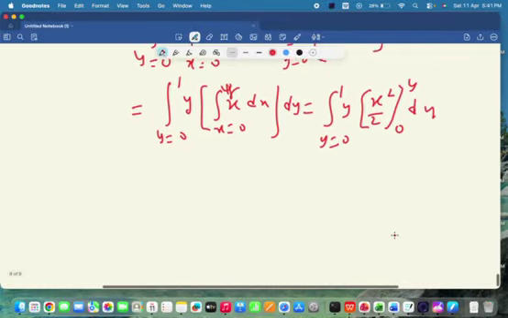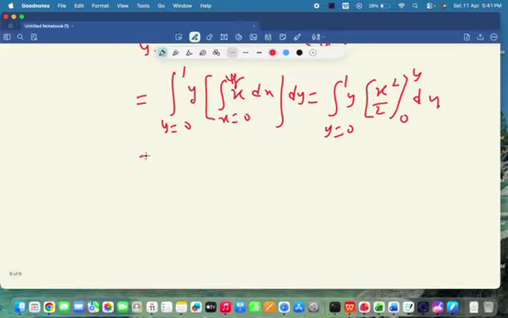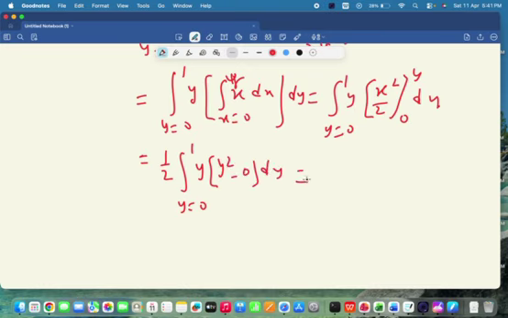Okay, so the value 1 by 2 we can take common because it's a constant, 0 to 1 y. After putting the limit it will be y square minus 0, upper limit minus lower limit, y square minus 0 is y square, so the complete function is y to the power 3 dy.